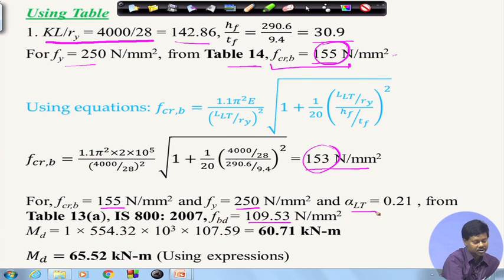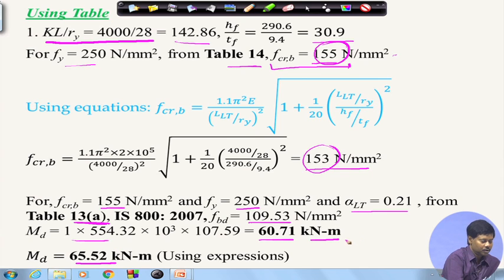So, as we are using a steel rolled section, we are using alpha T as 0.21, right, and therefore we are using table 13 A. So, if we use table 13 A corresponding to FCRB as 155 and FY as 250, we get the FBD value as 109.53. So, the MD value we can find out as 60.71 kilonewton meter, and using the expression, if you remember, we obtained the MD value as 65.50 kilonewton meter.